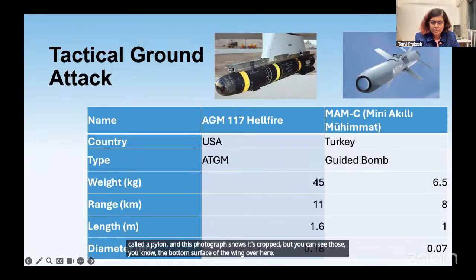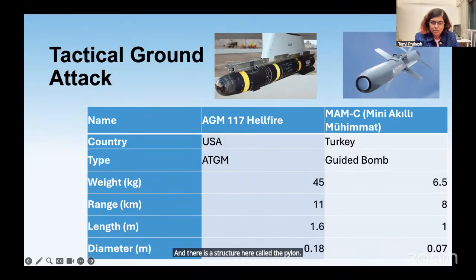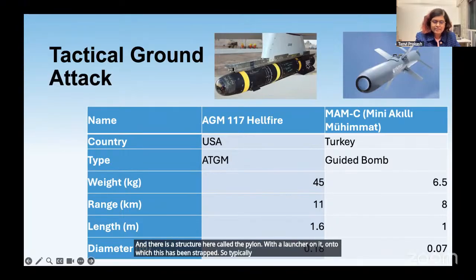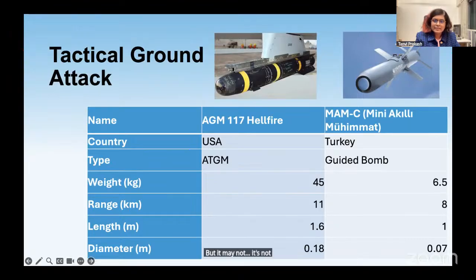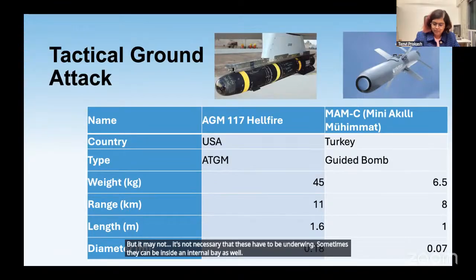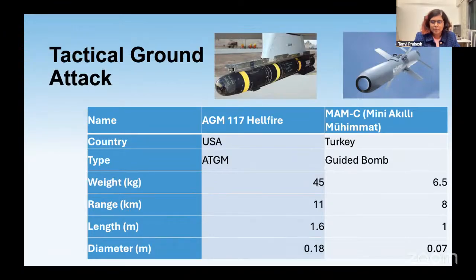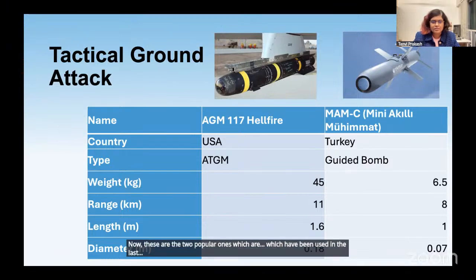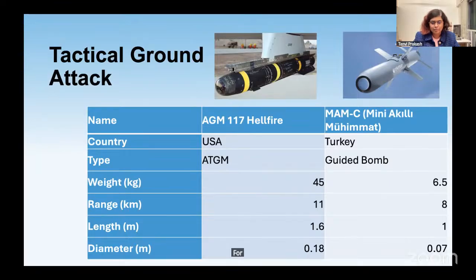And there is a structure here called the pylon with a launcher on it, onto which this has been strapped. So typically, this is how it works. But it's not necessary that these have to be under the wing. Sometimes they can be inside an internal bay as well. Okay. Now, these are the 2 popular ones which have been used in the last 10-15 years in UCAVs for tactical conflicts.